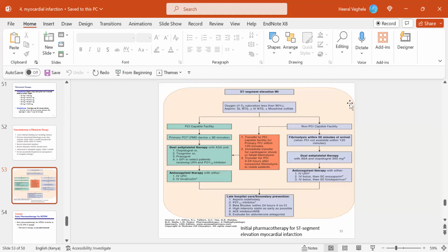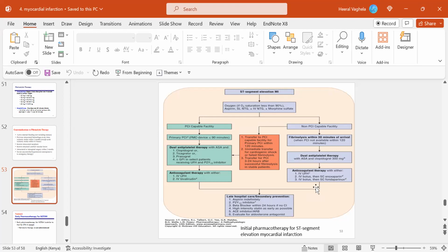Then if you cannot do the procedure, you start with aspirin and clopidogrel, and again you give anticoagulant therapy with unfractionated heparin and low molecular weight heparins like enoxaparin.